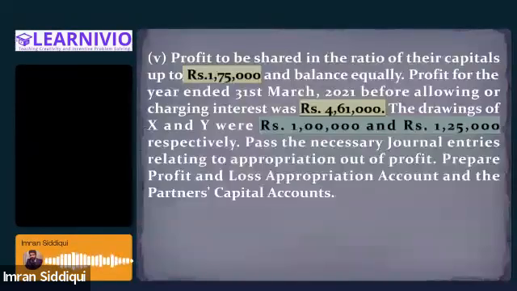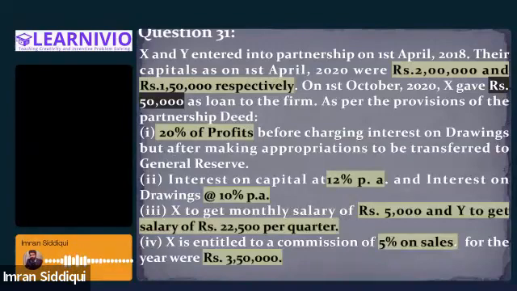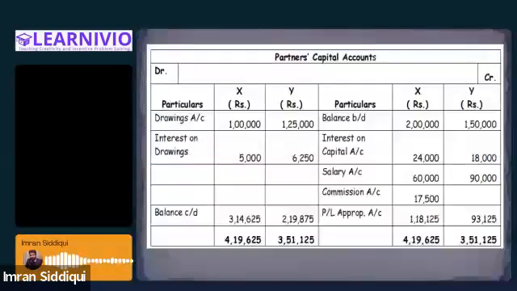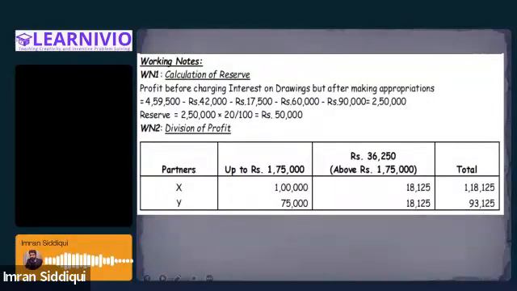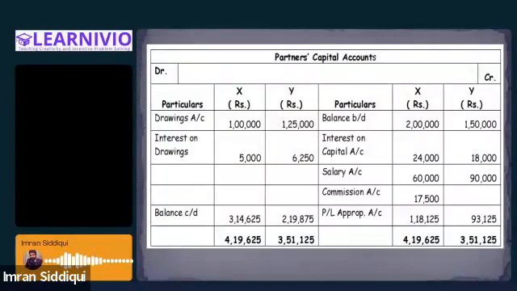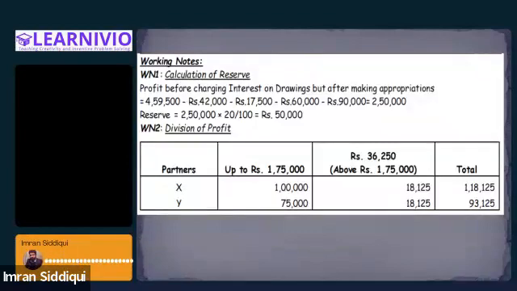Regarding the reserve, there was an adjustment, adjustment number one: 20% of the profit before charging interest on drawings, but after making appropriation of all other expenses, to be transferred to general reserve. So this is how we'll calculate general reserve. First of all, the total of the credit side.